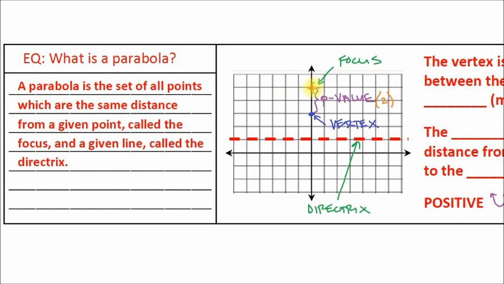And that means from the focus we're going to go 1, 2, 3, 4 units over. This is going to be 2 times the absolute value of p. We don't care if it's positive or negative at this point. Since our p-value is 2, 2 times 2 is 4.